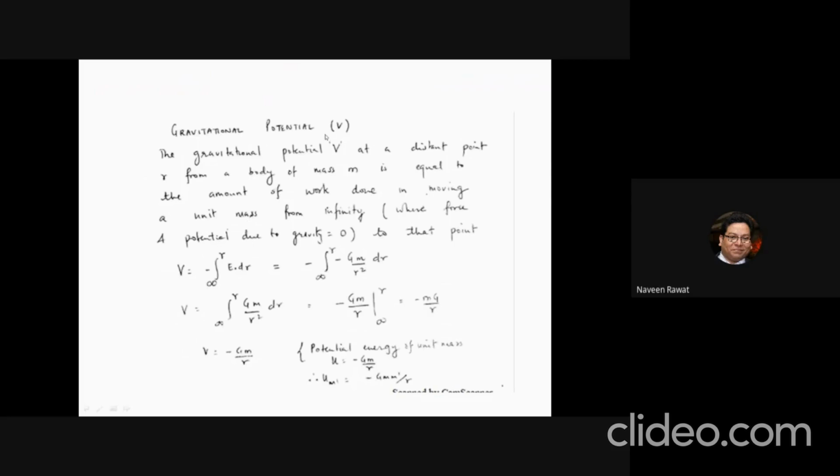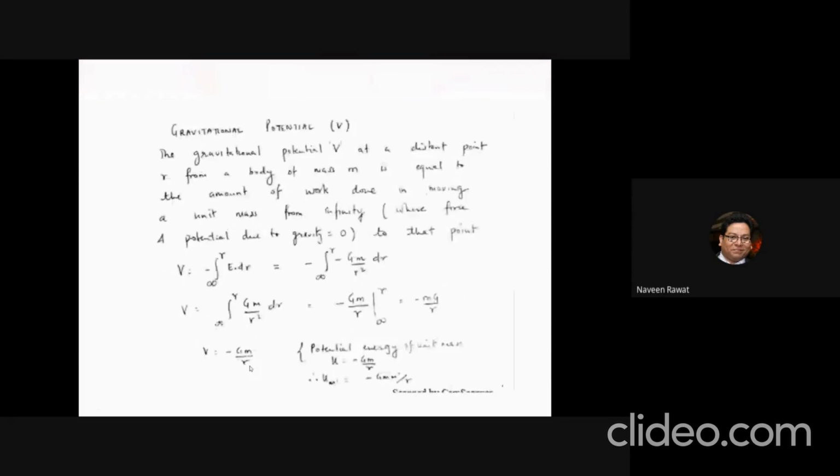The gravitational potential is defined as the amount of work done in moving a unit mass from infinity to that point. So now it will be for a unit mass, and you can see if there is a unit mass, then your expression for V will become minus GM/r.